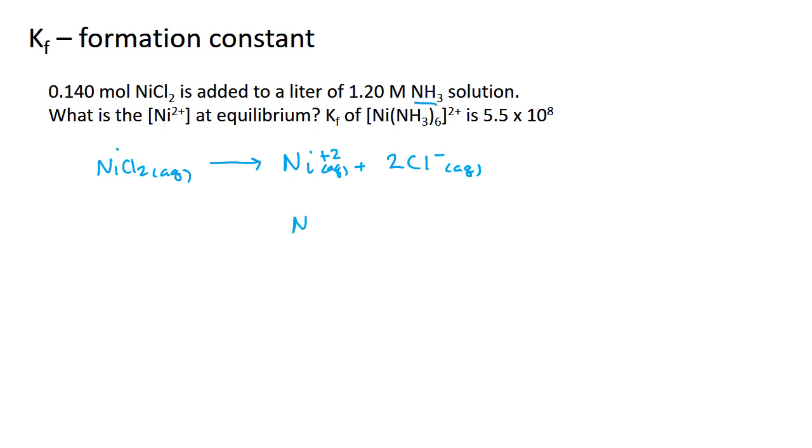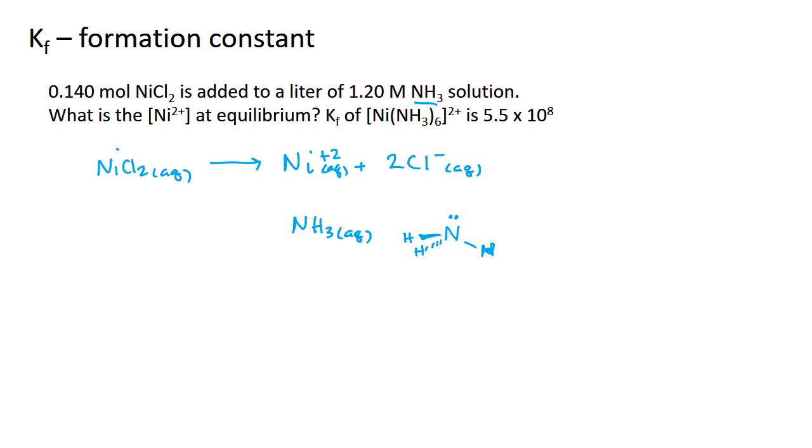Remember, this is NH3, it's aqueous. And if you remember what this looks like, you have nitrogen with 3 hydrogens and a lone pair of electrons.